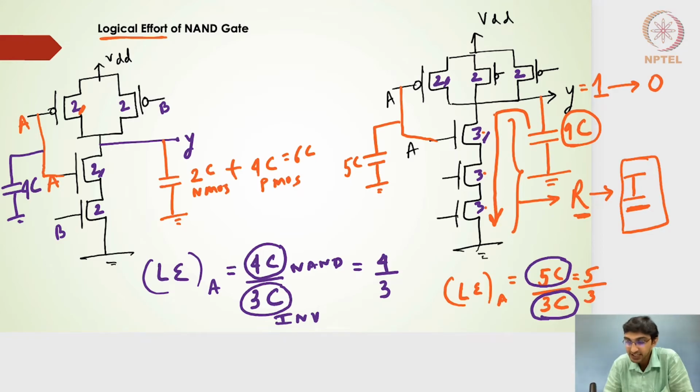But the 9C capacitance has a discharging current of I, because it sees a falling resistance of R, which matches that of the 2:1 inverter, which also has a falling resistance of R and a discharging current of I.